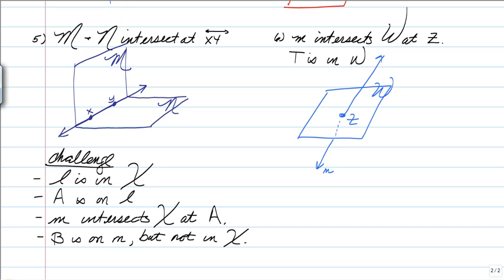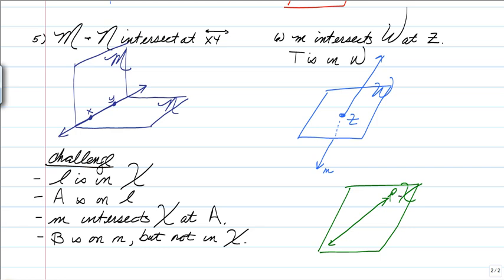And the last one, we have a challenge. And the challenge is going to start with a big plane. His name is X. We have L is in, so we have a line L that is in the plane.